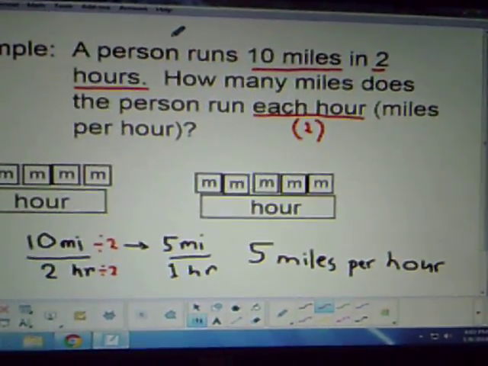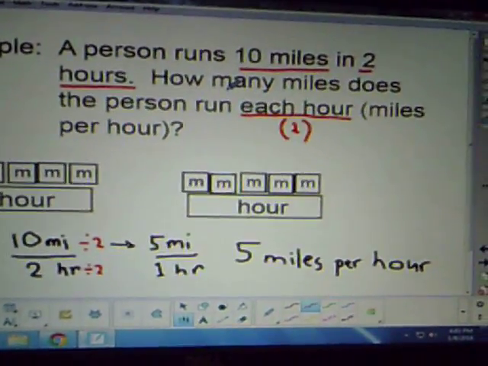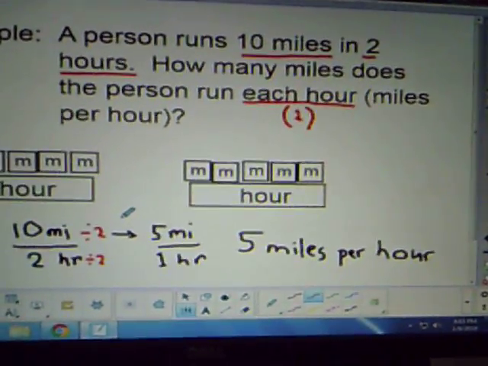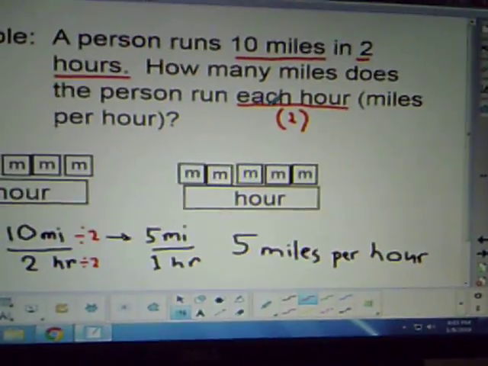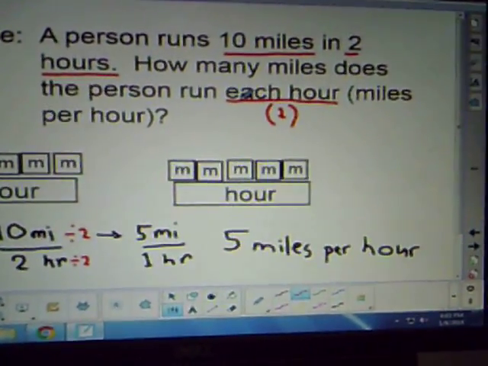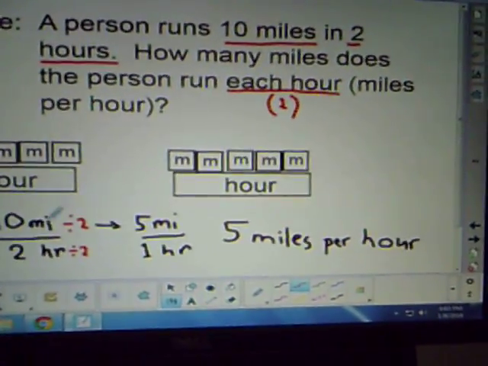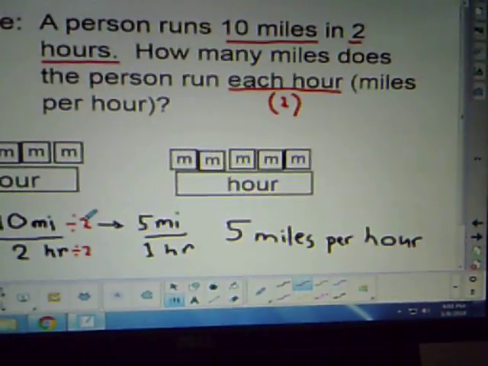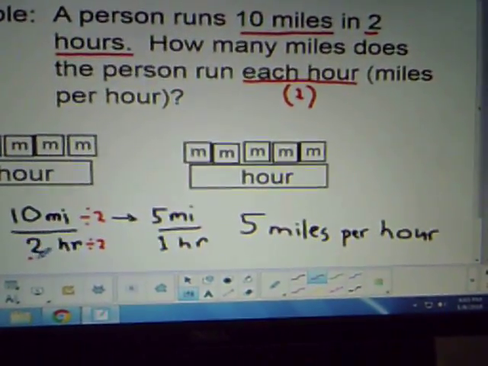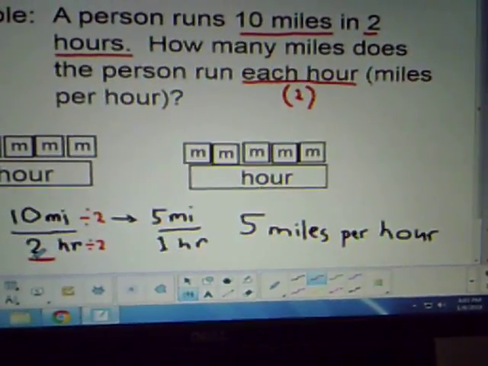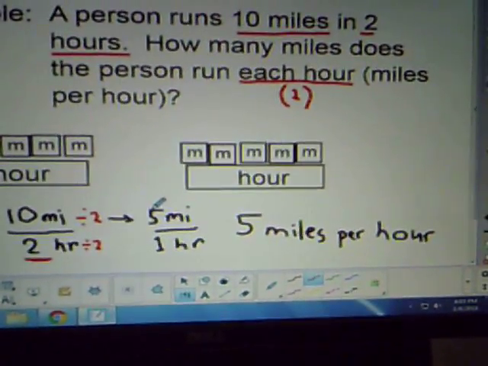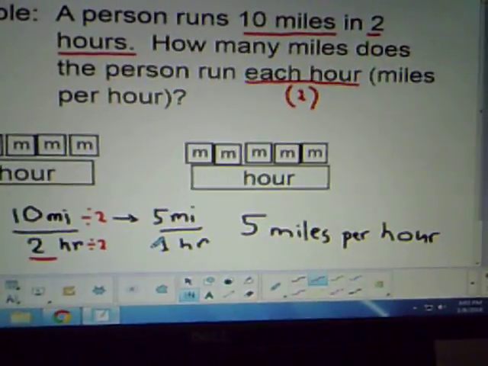But the first example is asking how many miles does it take to go, per hour? How many miles does the person run each hour? Since we're looking for each 1 hour, we divide the ratio that we started with by the number that we used for our hours, which was 2 in this problem. And we find that we got 5 miles per each hour.